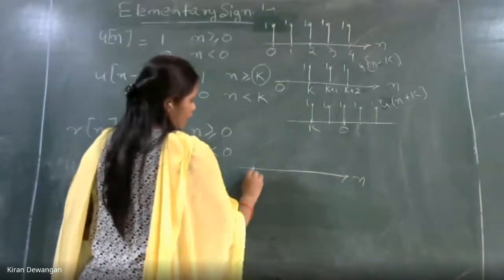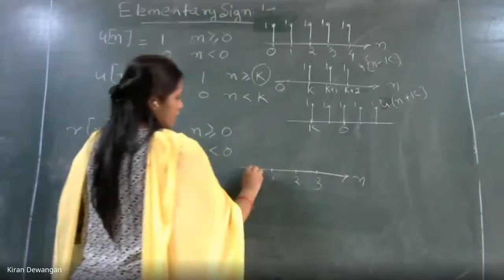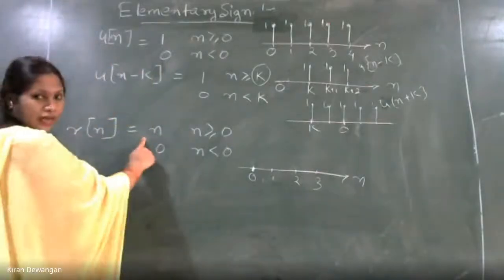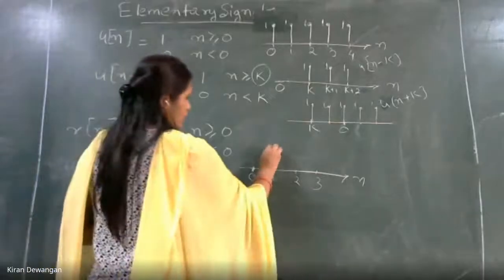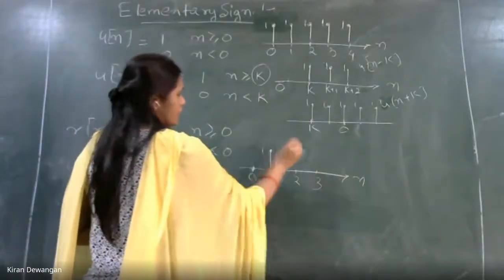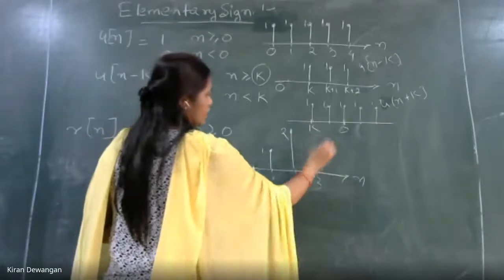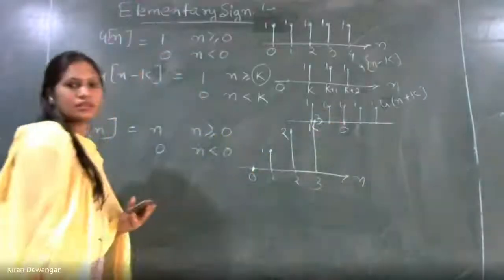Now if we are plotting it, this is n. At this point we have 0, 1, 2, 3. 0 पे it will be 0 since it is n equals 0, r of n is 0; n equals 1, r of n is 1; n equals 2, r of n is 2; n equals 3, we have somewhere here r of 3. ठीक है?